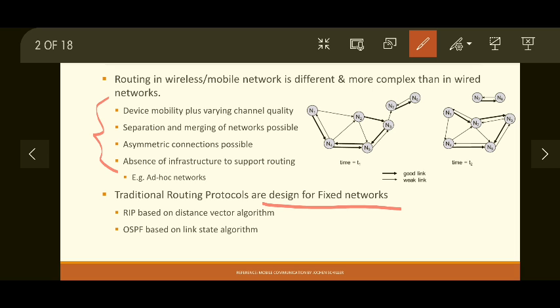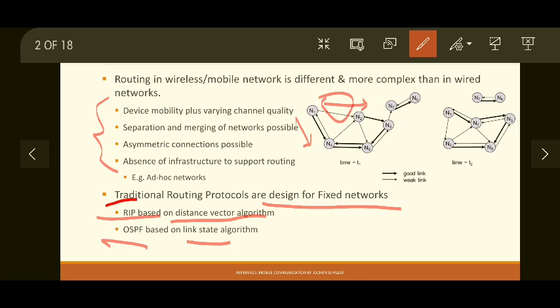We have seen RIP, the Routing Information Protocol, which is based on a distance vector algorithm. So primarily it considers the distance between two nodes for deciding which is a good path for delivering a packet to the destination. Then OSPF, Open Shortest Path First, is based on a link state algorithm, which decides the status of the link, that is channel quality, error rate and other parameters, and based on that it decides the shortest path towards the destination.